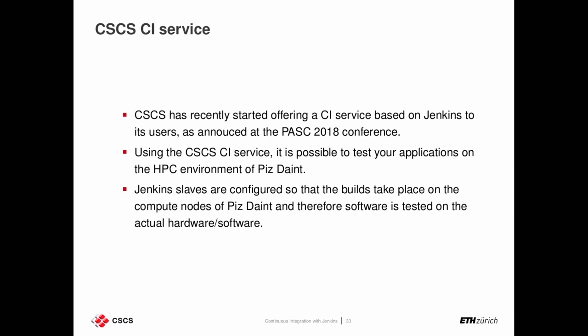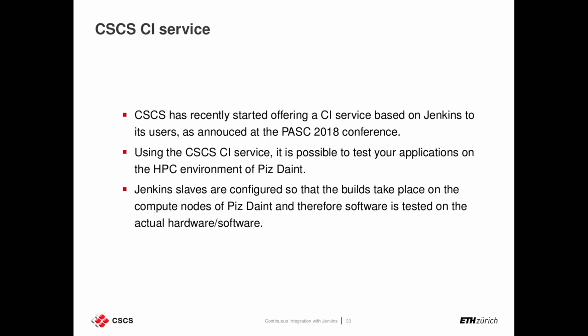So you can have a specific Jenkinsfile defined for Piz Daint, and you can have a specific job on the Jenkins CI service that we provide that can run some job to test actually on Piz Daint.